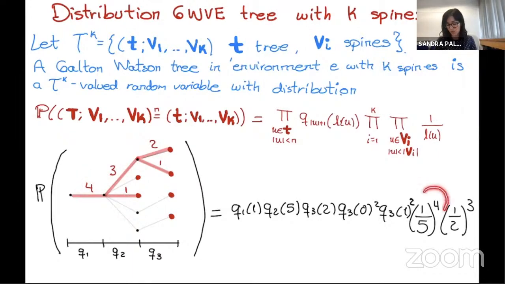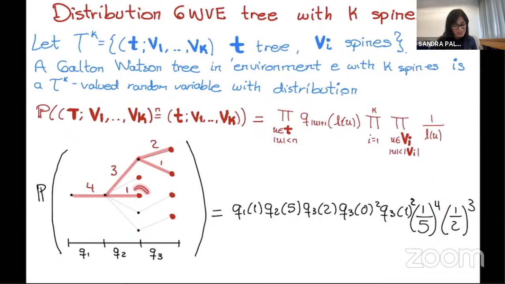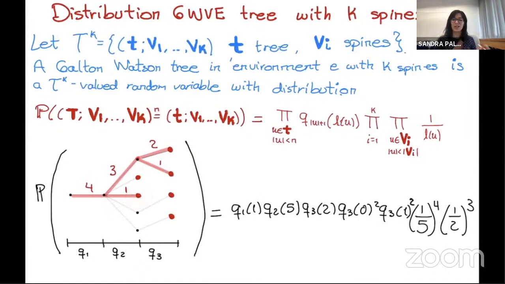That is this 1 over 5 to the 4th. Since this individual didn't have children, I stopped there. But for the top one, it has 2 children. Then the 3 marks that I have in this position have to move uniformly, and that is why I have 1 over 2 to the 3.